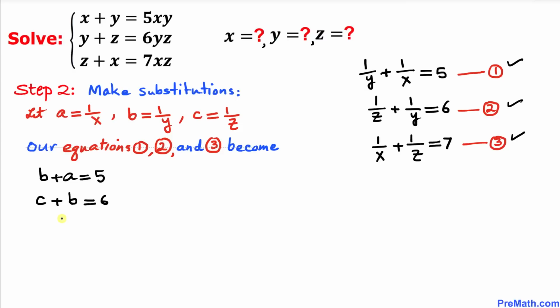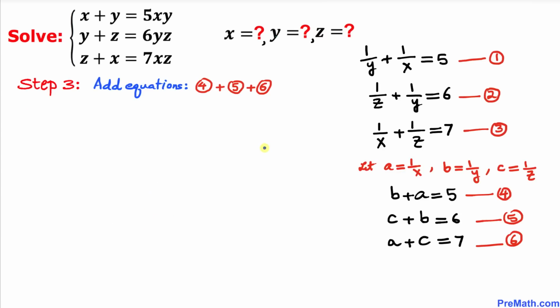And finally, this is going to be a plus c equal to 7. Now let me call this equation number 4, this equation number 5, and finally this equation number 6. And here's our next step.